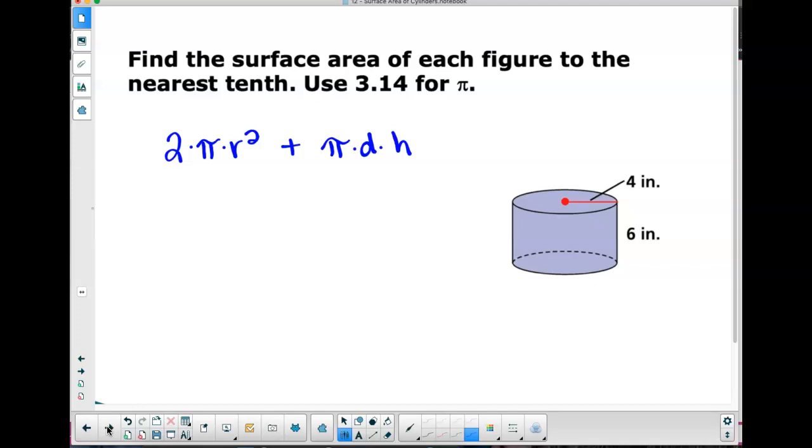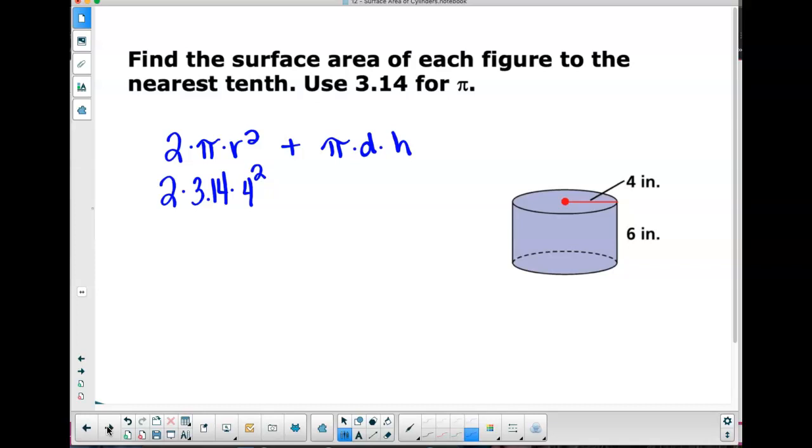So we plug in what we know. 2 times pi is 3.14. What's the radius of that circle? 4. So we're just going to put 4 squared. I'm going to stop there and figure that out first.